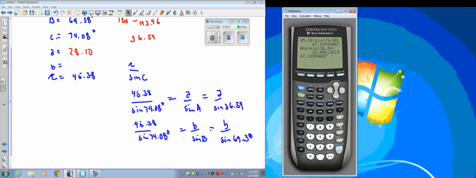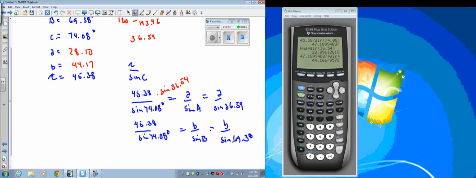So it's times sine of 69.38. That's 44.17, I guess. So all I've done is I've taken this thing and multiplied across, and I've done times the sine of 36.54.